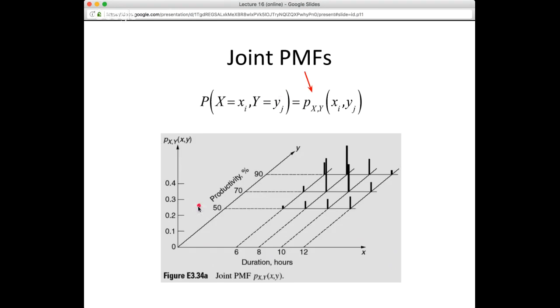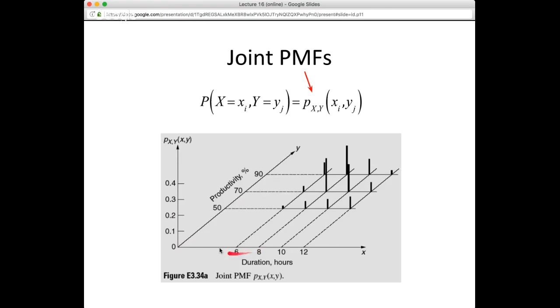If we were to represent that graphically, it might look something like this, where we're plotting the probability associated with any given value of xi and yj on this vertical axis against the specific choices allowed for y and the specific choices, or discrete values, allowed for x.